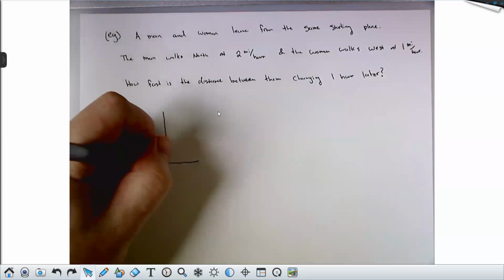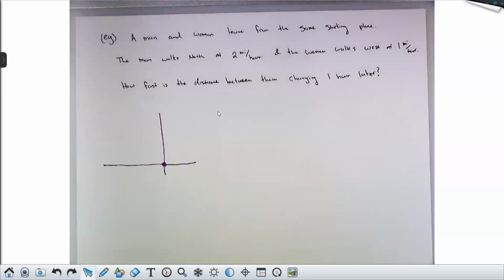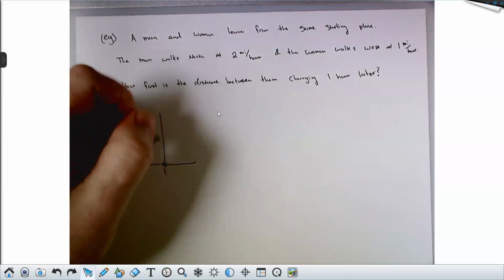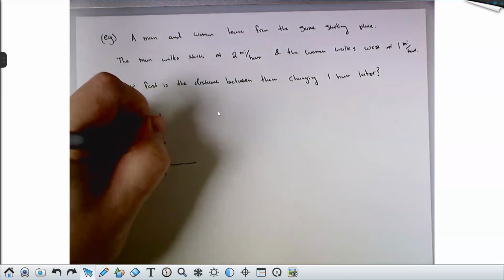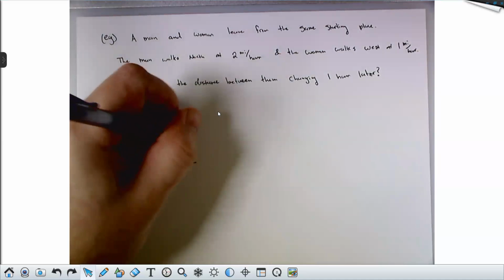Let's say they both start here at the origin. The man is going north, so he's going up the y-axis. I'll call his position y. So here's the man, and I'll say he's at the point 0, y.